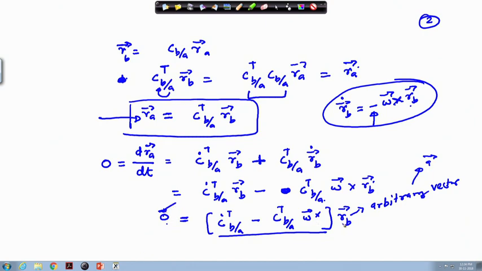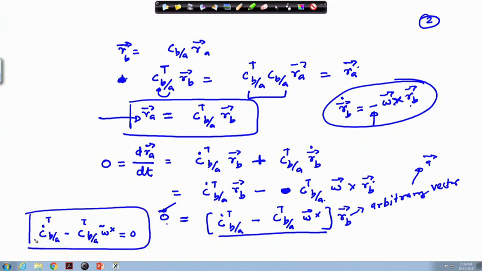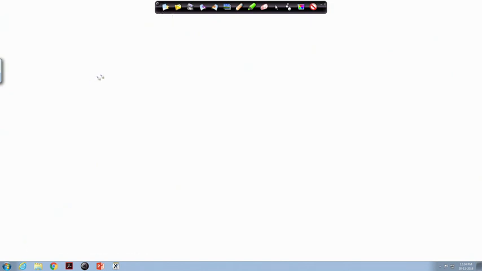Okay. So, therefore, this indicates that C dot transpose B slash A minus C transpose B A omega cross. Now, here we can put it in matrix notation, this must be equal to 0. So, this implies if we take the transpose of this whole thing.